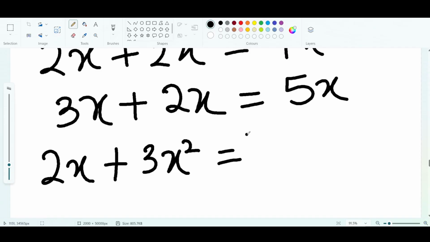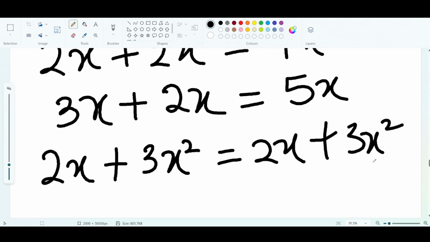Because of that, we cannot add them together. Do you see that? Okay. So the only thing we can do here is what we call factorization, which we are going to deal with later. So the answer to this question is going to be 2x plus 3x squared.